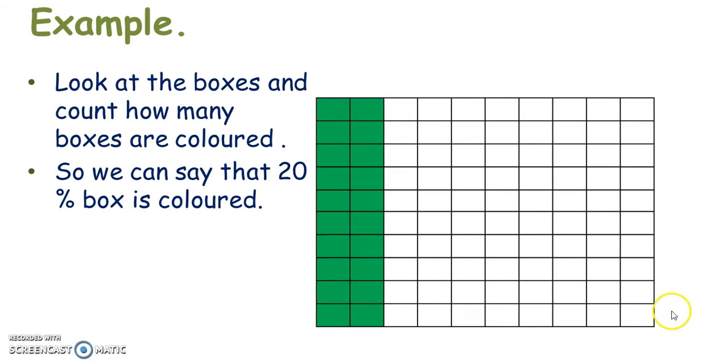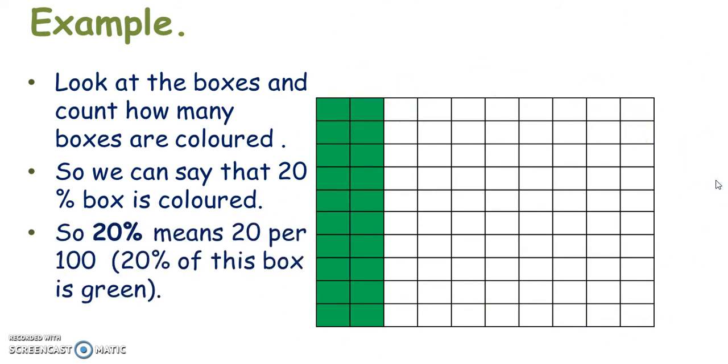As you can see, there are 100 boxes, but only 20 boxes are colored. What is meant by 20%? 20% means 20 per 100. So we can say that 20% of this box is green.